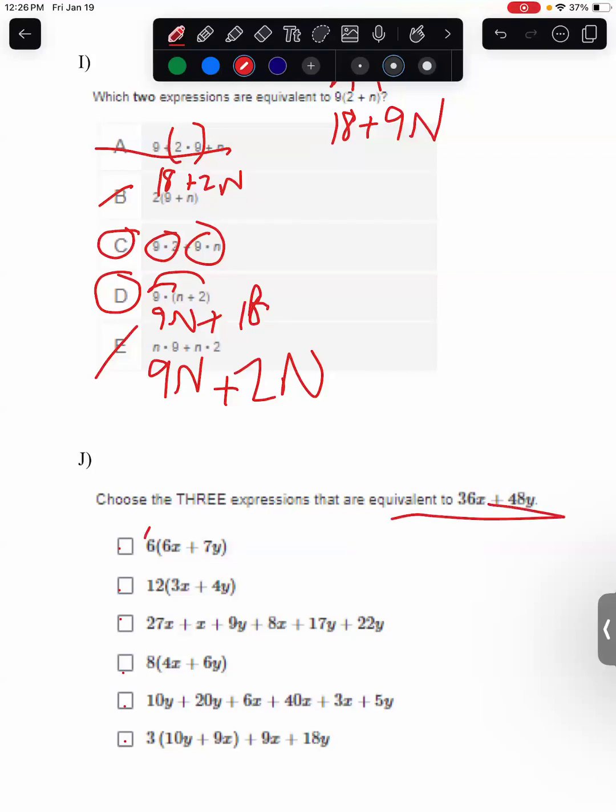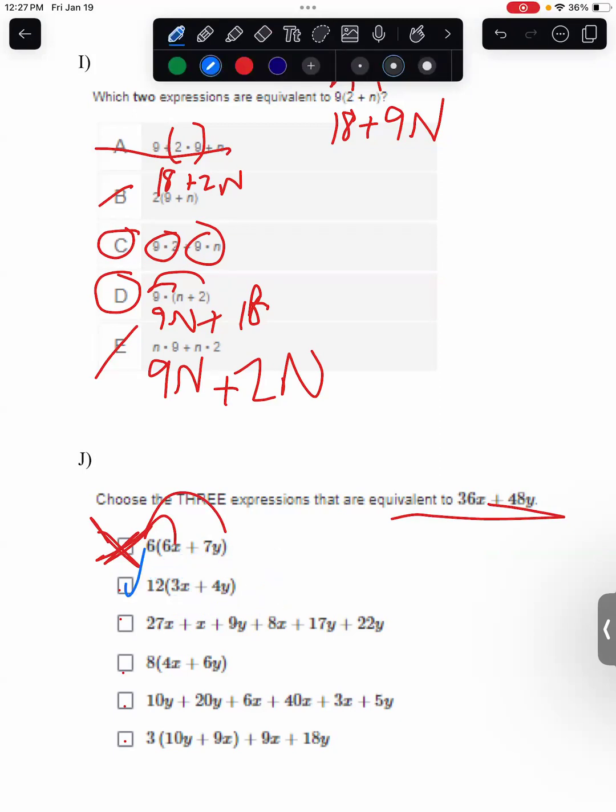So this would be 36x. This would be 42y. Okay, so that's no, because it needs to be 48y. This one, we got 36x, and then we got 48y. Okay, very good. That's right.